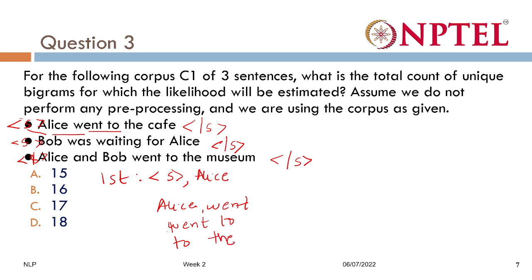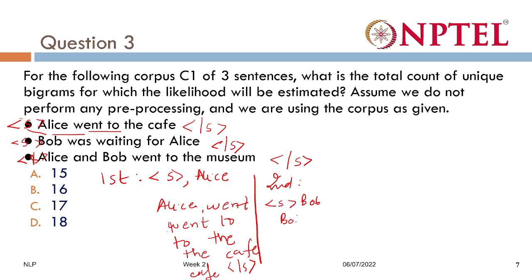Then we have to the, and the cafe. Also cafe and the end of the sentence token. We take the start of the sentence and end of the sentence tokens because they say we do not perform any pre-processing, so those tokens are still there. Now we see the second sentence, which starts with start of the sentence, Bob.